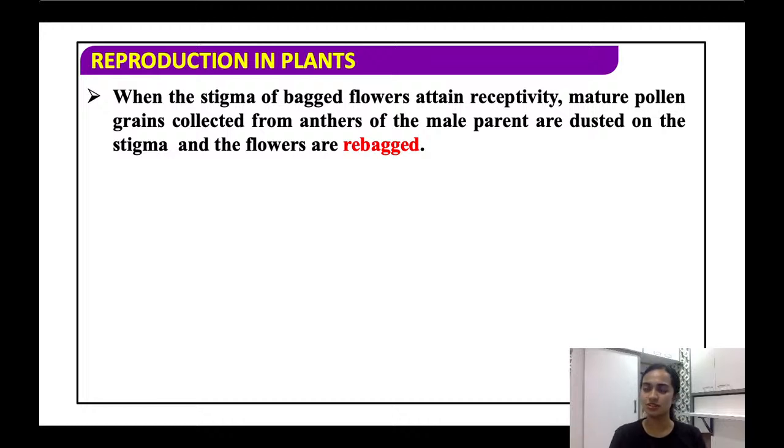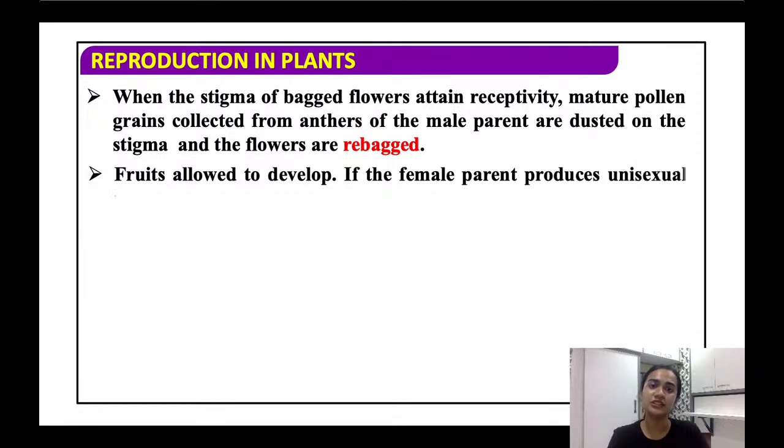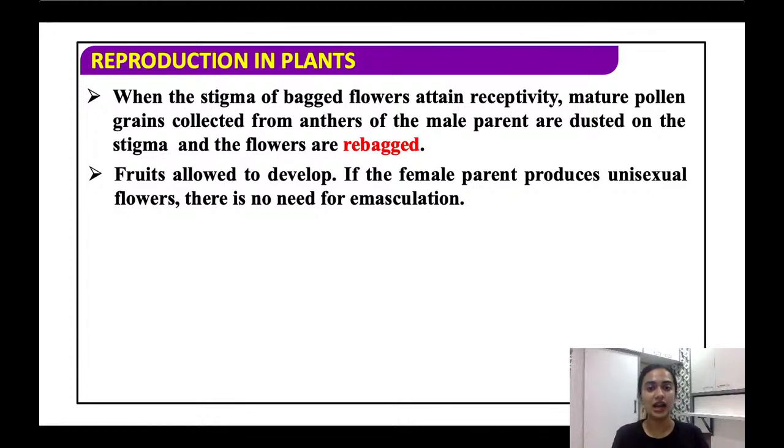Just imagine you take a paintbrush, dip it in the desired pollen and just brush it. All right. And now rebag it. Again cover it with a bag so that we can prevent further contamination, because if you leave it open, some other undesired pollen grain might come and start its process.